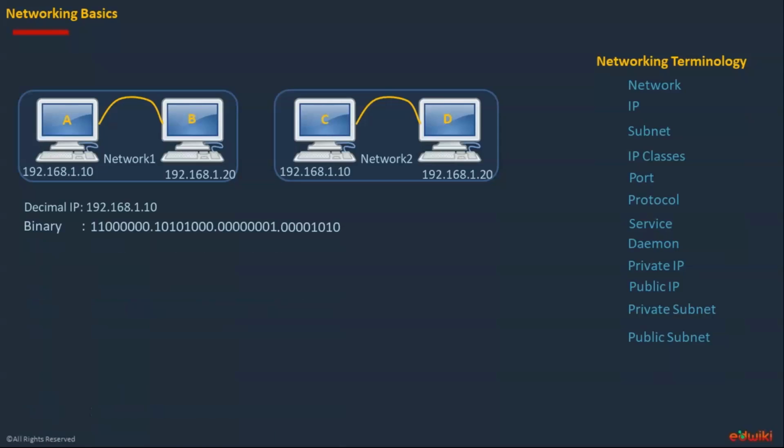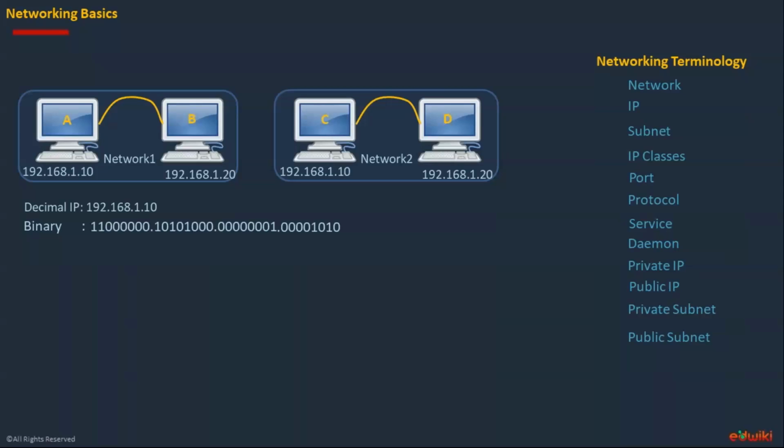So by following these rules, I constructed one IP, 192.168.1.10, which is called a decimal IP, which is also called IP version 4, IPv4. The IP that I've used here as an example is also called IP version 4. What is IP version 4? IPv4 is the format of the IP that I have used here.